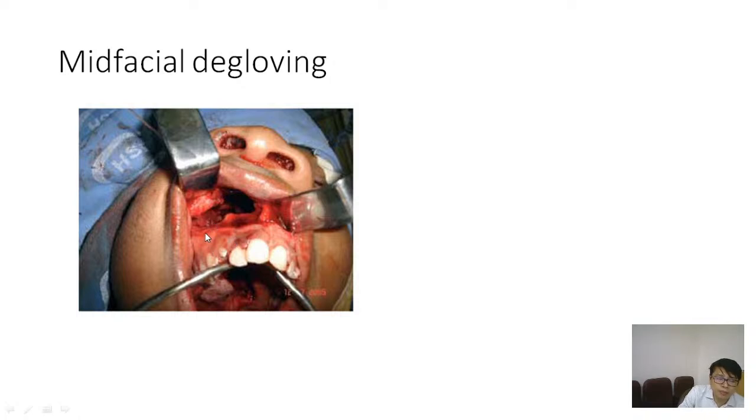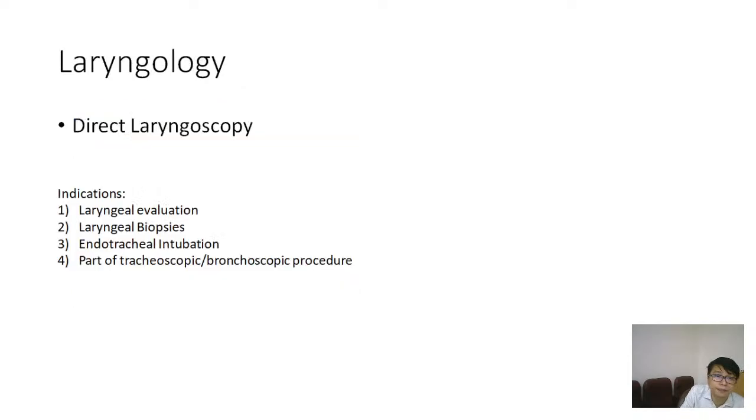The problem with this approach is if the disease is going more posteriorly or superoposteriorly towards the sphenoid sinus or inferior orbital fissure, then sometimes it may be difficult with this approach. Superior exposure is difficult with this approach.